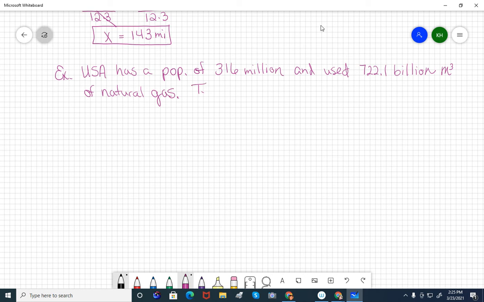Okay. Texas had a population of 26.1 million, same year back in 2012.